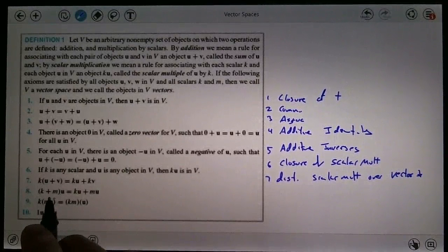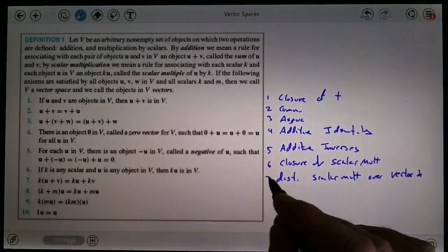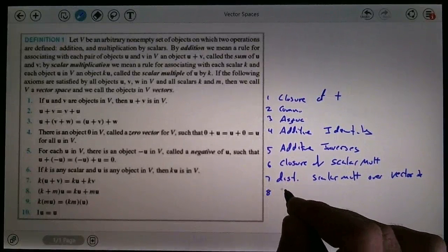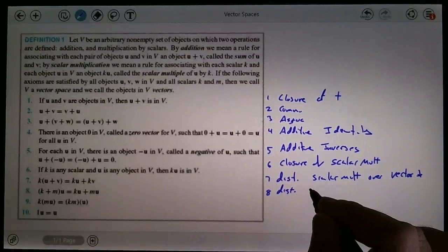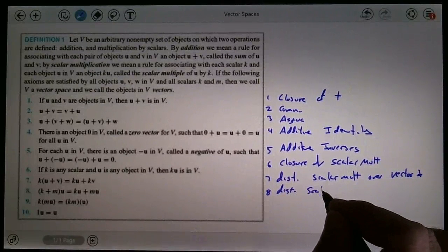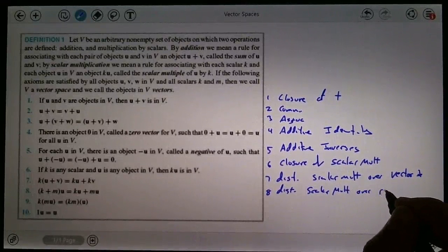Number 8 is also a distributive property, but now the things that are being added here are numbers. Where these were vectors being added, these are numbers added. So this is actually scalar multiplication over real addition. This is a distributive property of scalar multiplication over real addition.